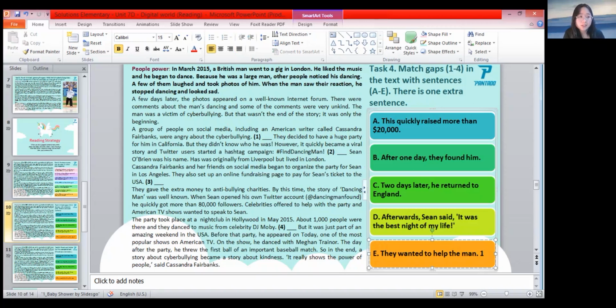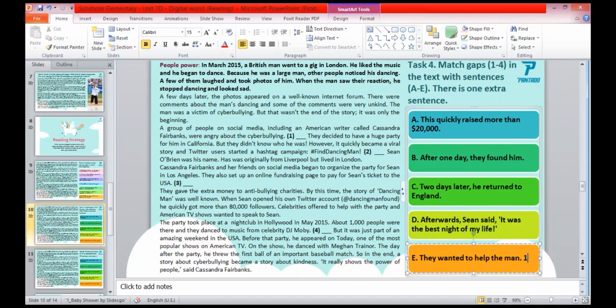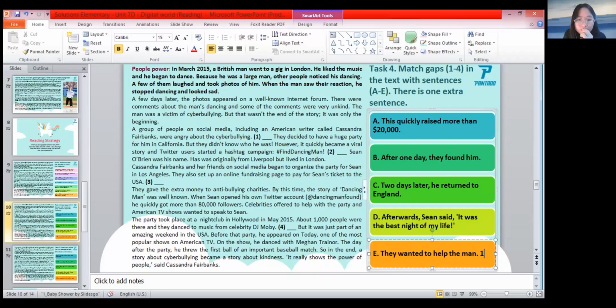What is for the second gap? B. After one day, they found him. Okay, this was the second one. What is the third one?